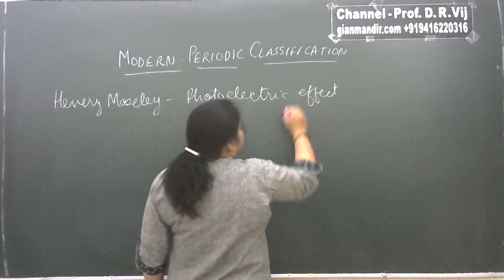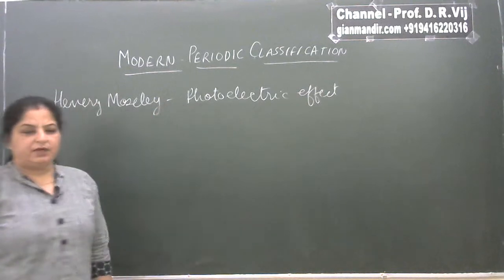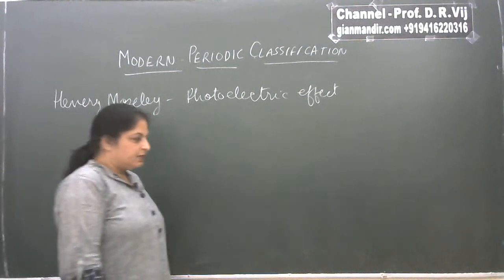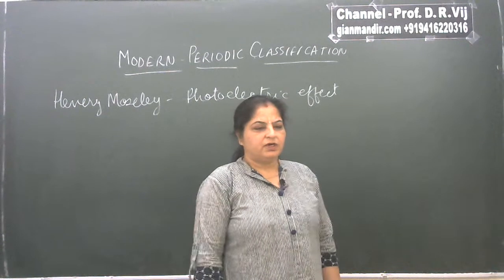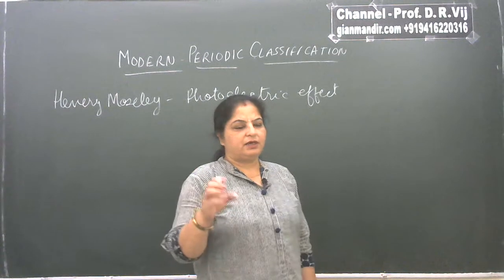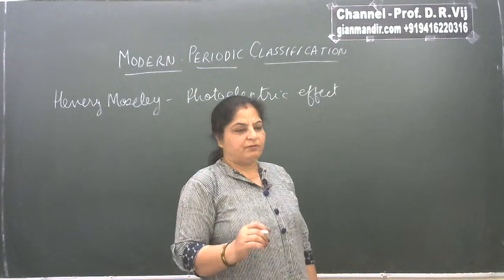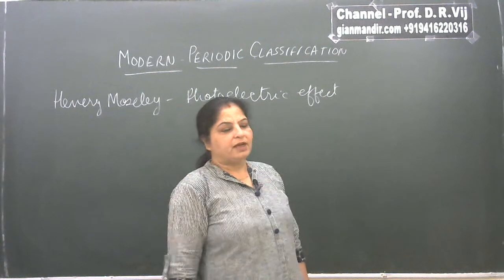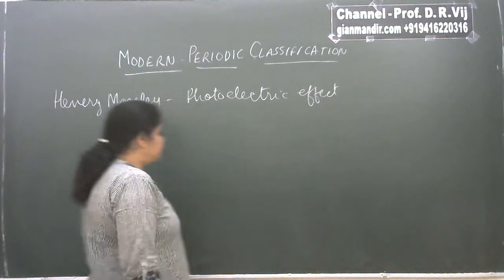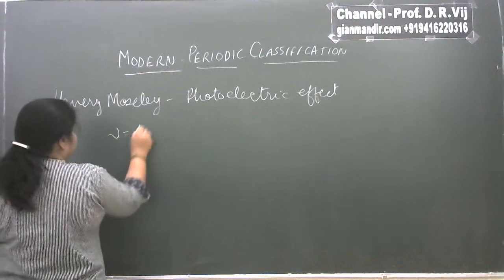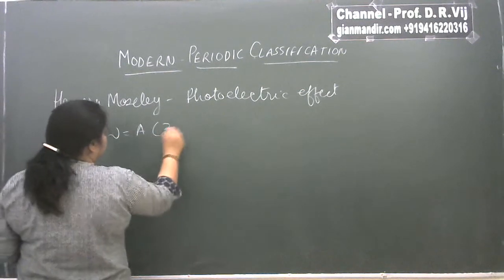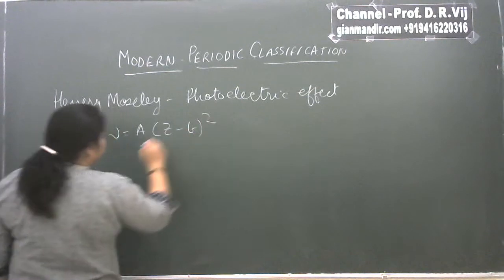While studying it, he saw that the frequency of emitted X-ray radiations depends on the atomic number of the elements, not atomic masses. Based on that, he gave a relationship that nu is equal to A into (Z minus B) whole square.